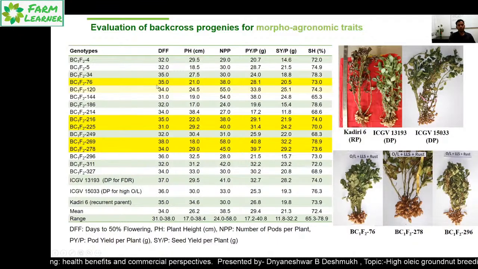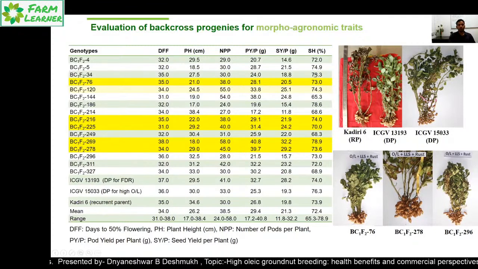So we had the agronomic profile and targeted lines which are on par with regard to different agronomic parameters, that is days to 50% flowering, plant height, number of pods per plant, seed weight per plant, and shelling percentage.